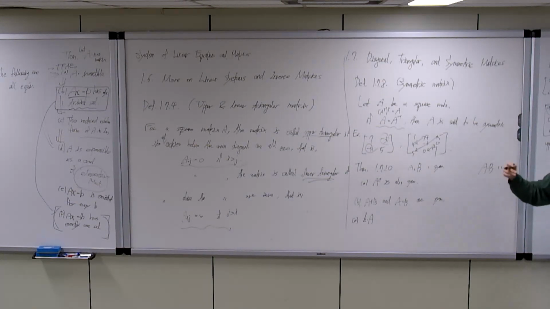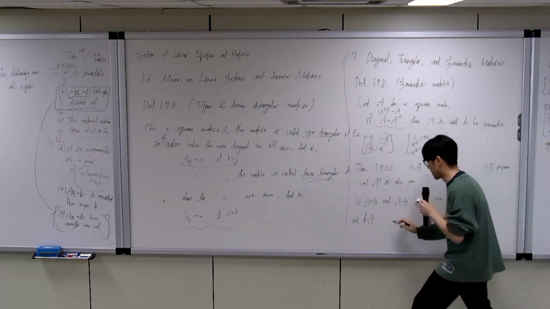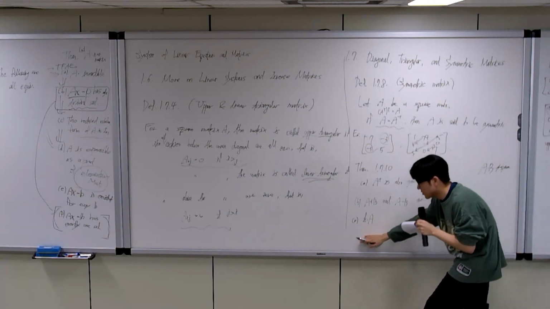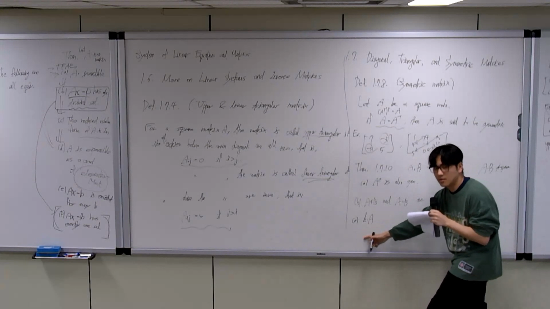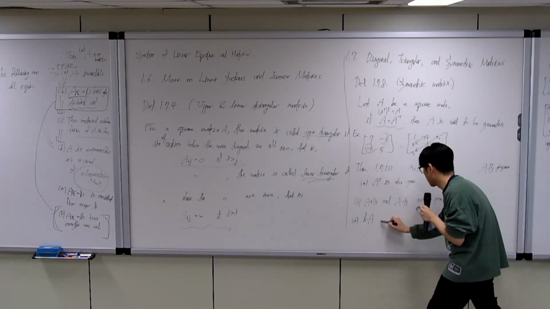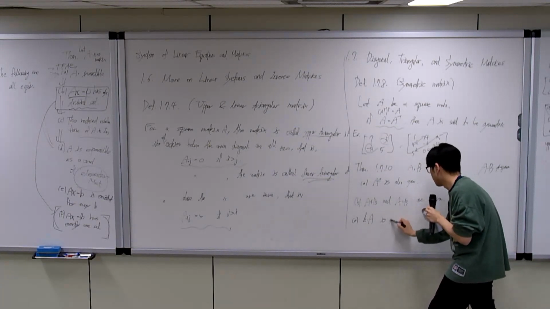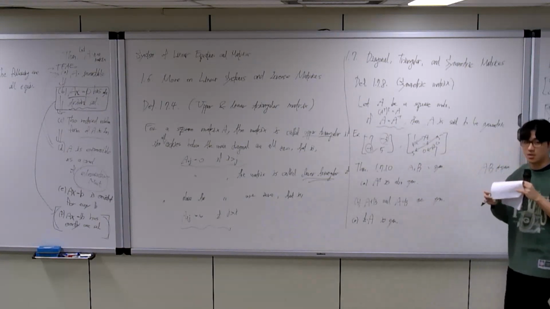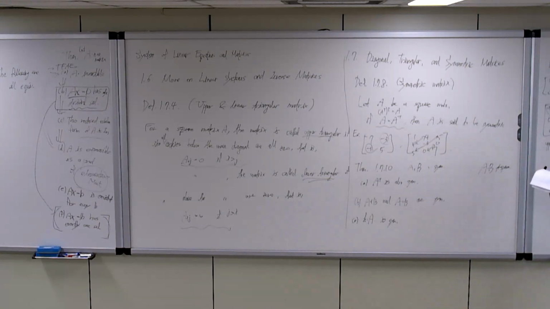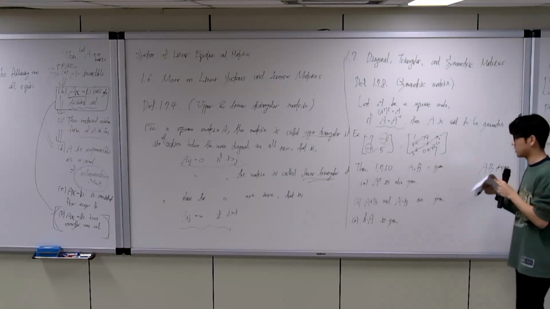It might not be symmetric. Sometimes it can be, but it is not always symmetric. However, if we multiply by a scalar, then it is symmetric. Okay.